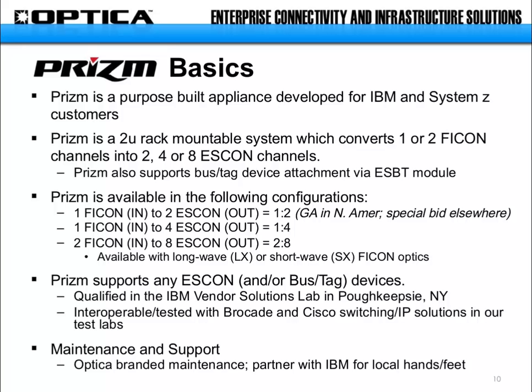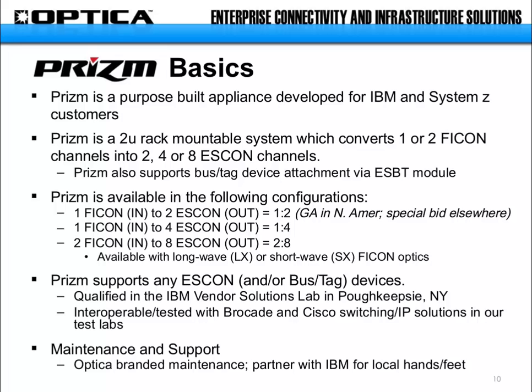So it's a little different when comparing it to the previous generation of converter. The Prism FICON to ESCON converter can handle up to 2 FICON channels from the mainframe and produce up to 8 ESCON channels out to the devices. Okay, so you can see here the available configurations are 1 to 2, 1 to 4, or 2 to 8.